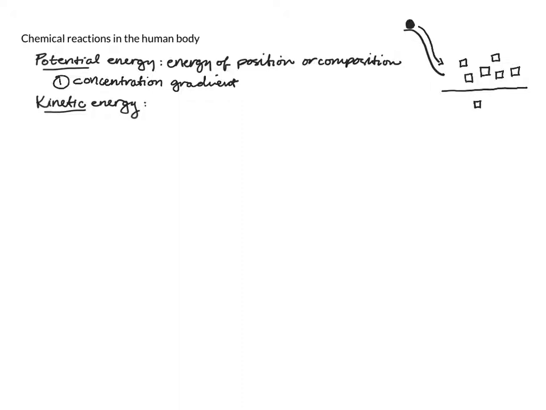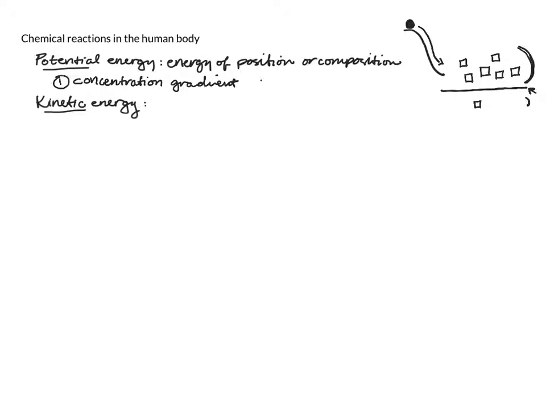You might remember from your intro biology class that substances always, if they're able to, move down their concentration gradients. And so right here, because we've got this barrier here, we've got a concentration gradient that's being held in position, and we have energy of position because we've positioned all of this molecule on this side and very little on this side.